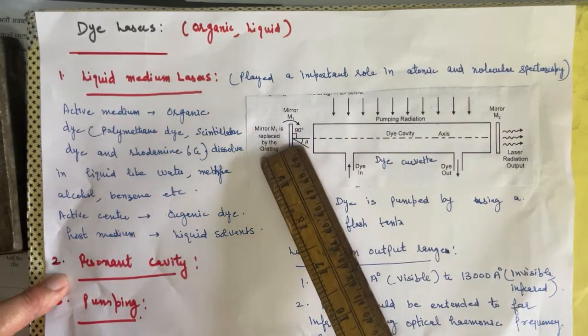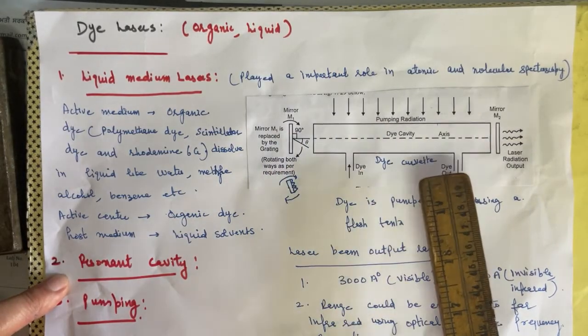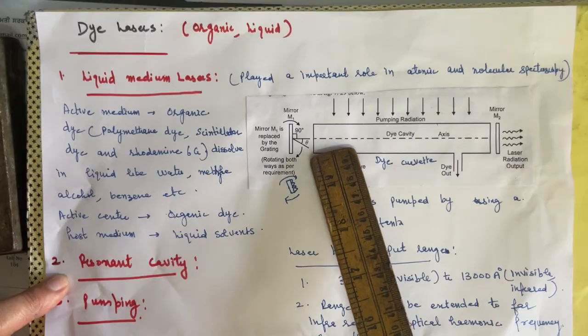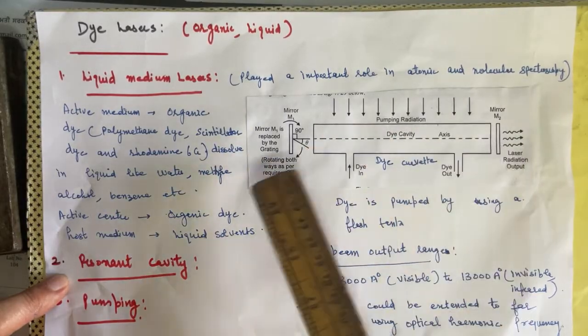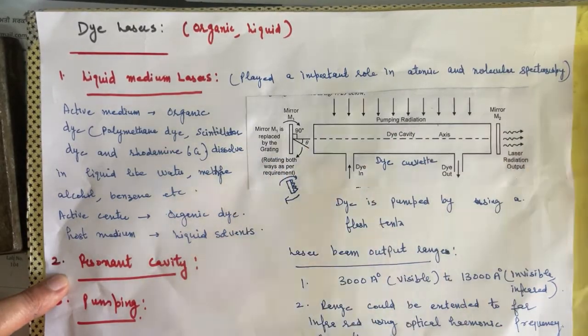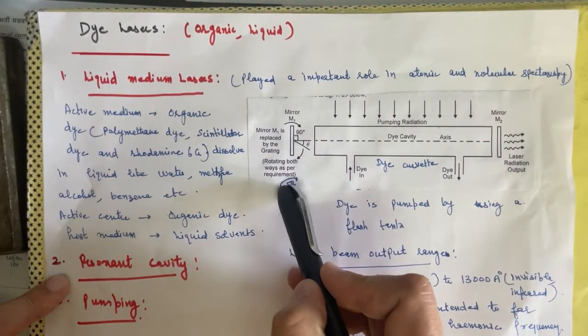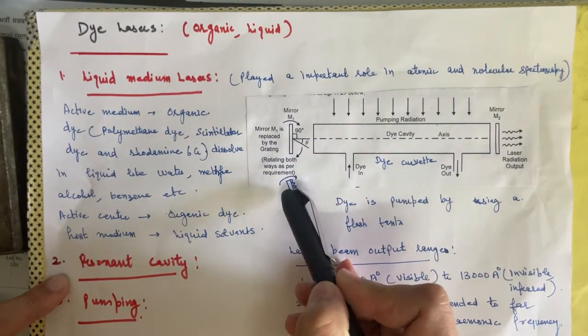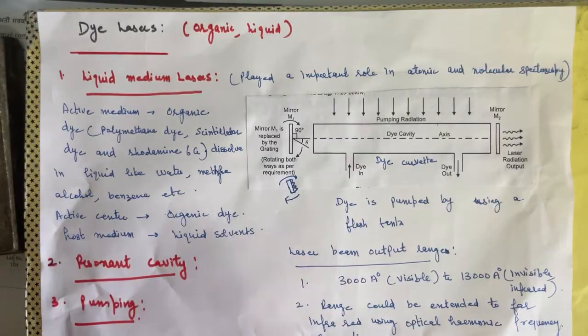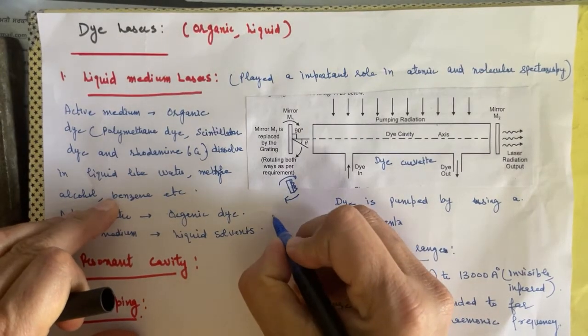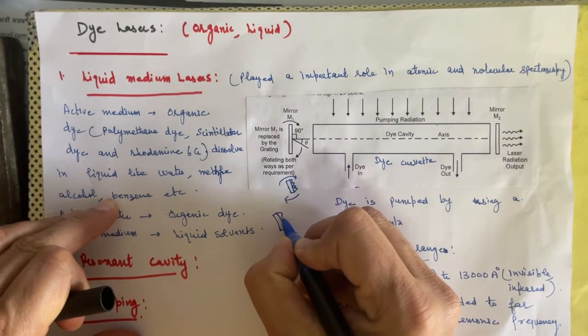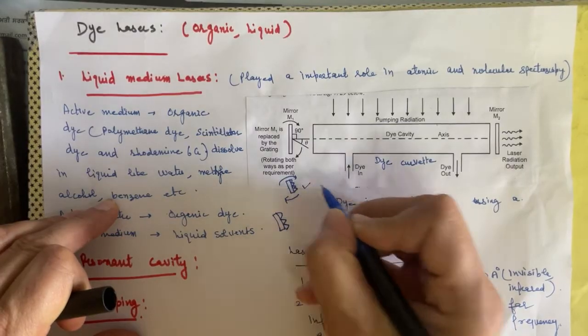So this is the diagram of the construction of the dye laser. This is the dye cavity, clear, with mirrors M1 and M2, and mirror M1 is replaced by a grating, and we can rotate this grating like this or this. Okay?